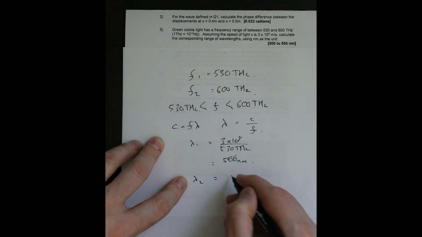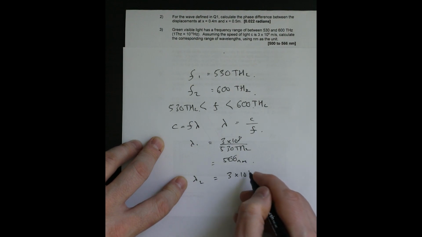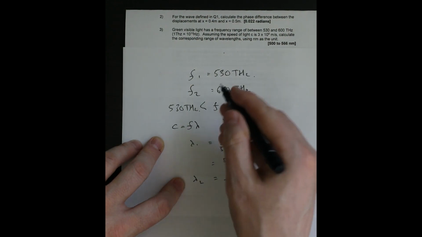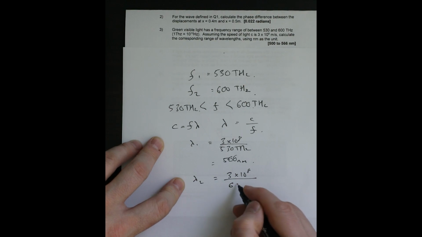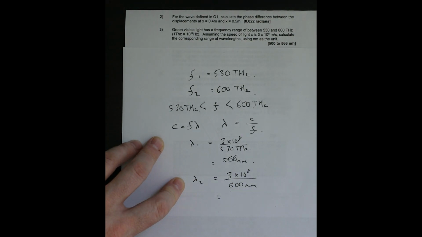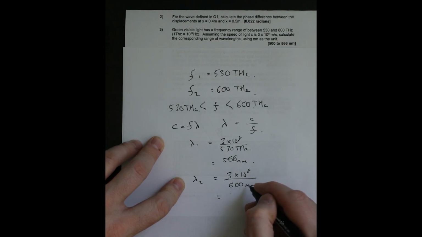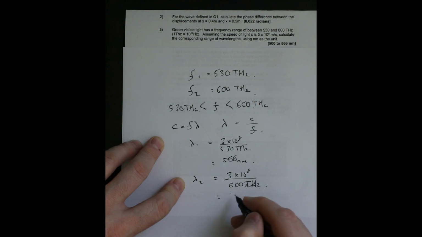And then lambda 2 is going to be equal to 3 times 10 to the 8 divided by 600 terahertz, which in this case gives us an answer of 500 nanometers.